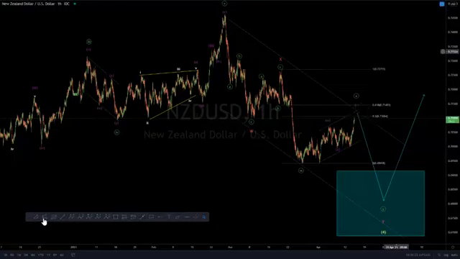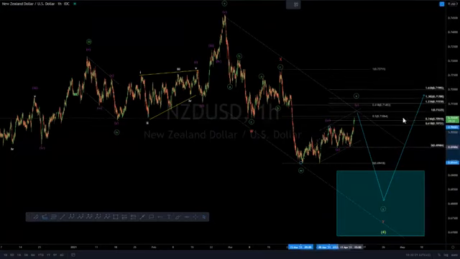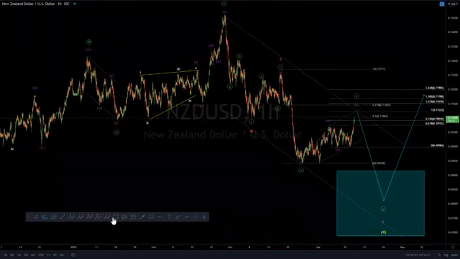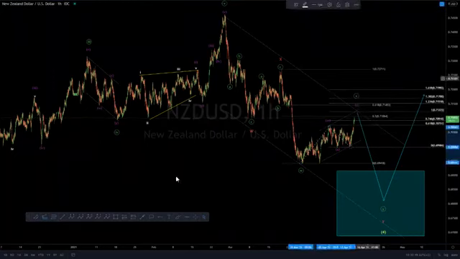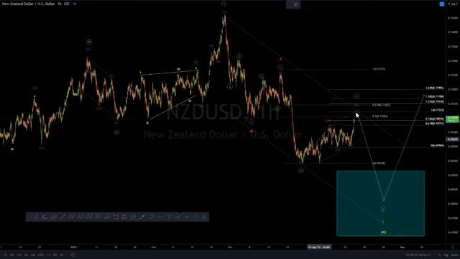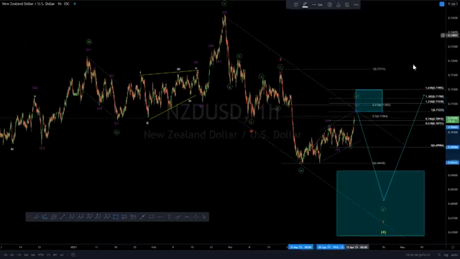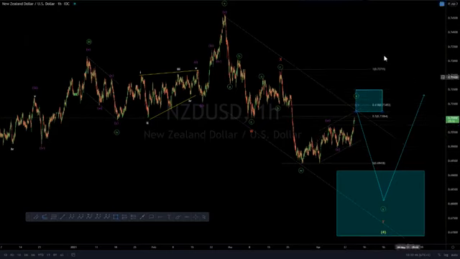Let me just measure the blue box here. The blue box would be around this area here. Just hold for me, guys.